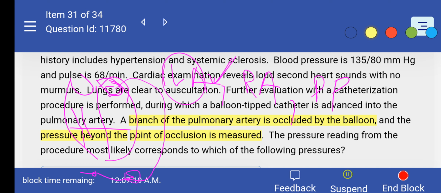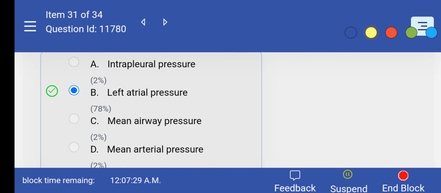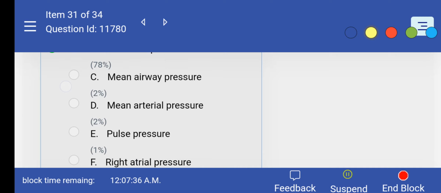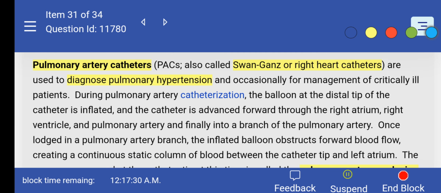That's why they are saying that the pressure beyond the point of occlusion, which is measured, is of the left atrium. So they have given different options: intrapleural pressure, left atrial pressure, mean airway pressure, mean arterial pressure, pulse pressure, right atrial pressure, right ventricular pressure.